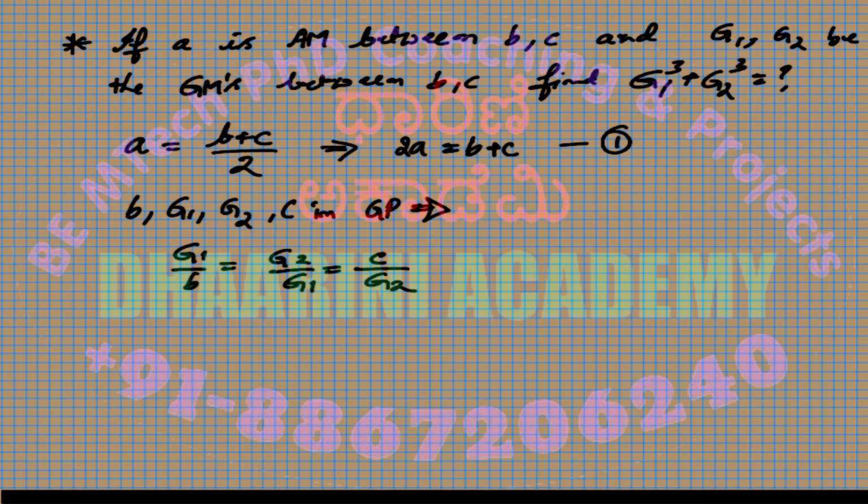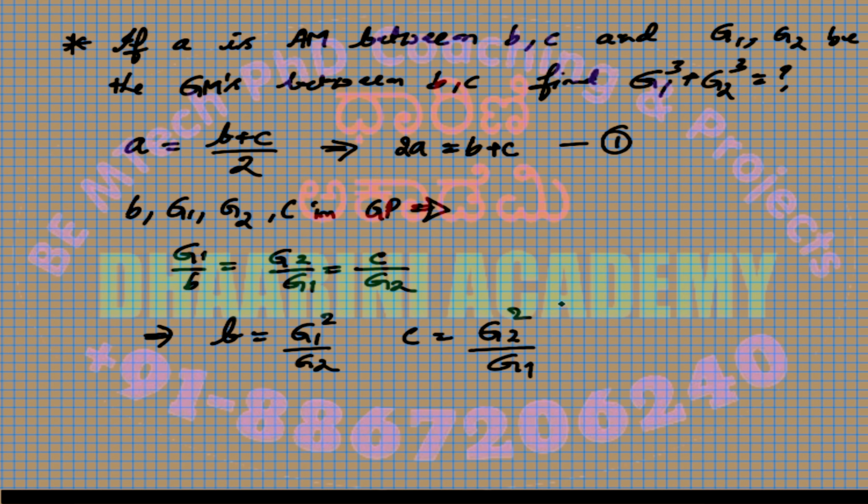Okay, so I can try to find B now. This implies B is equal to G1 square divided by G2. Also, if you want to find C, then C is equal to G2 square divided by G1.